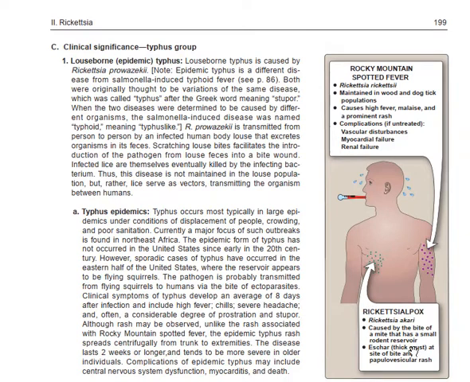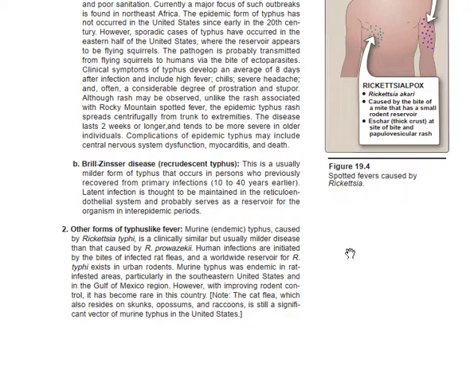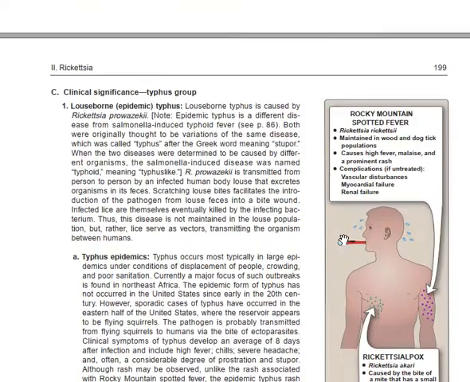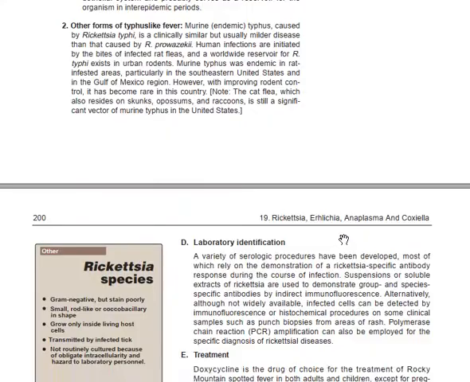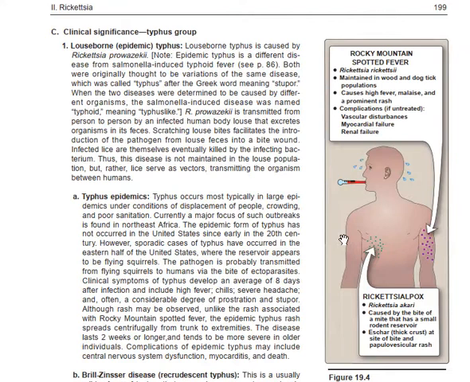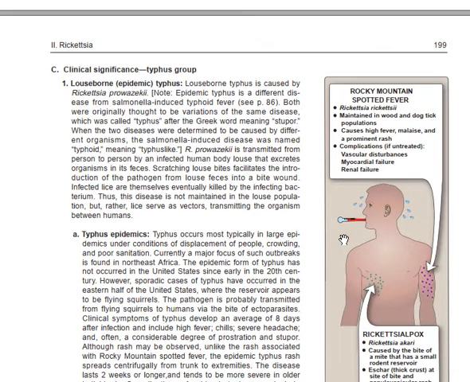The mite has a small rodent reservoir. There is an eschar, a crust at the site of the bite, and a papulovesicular rash is formed.